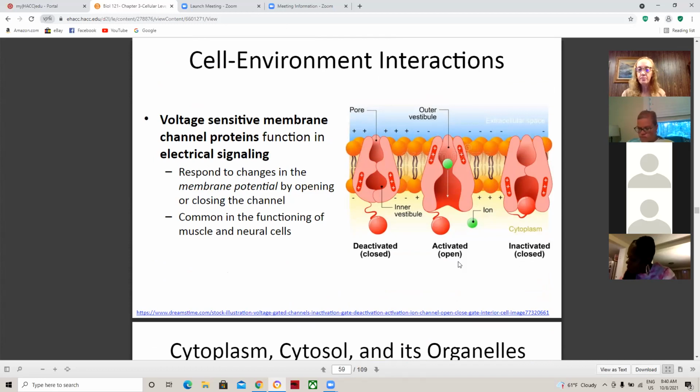One other thing is cell adhesion molecules can be involved in membrane channels that will function in response to a change in voltage. You remember we talked about that separation in charge across the membrane.